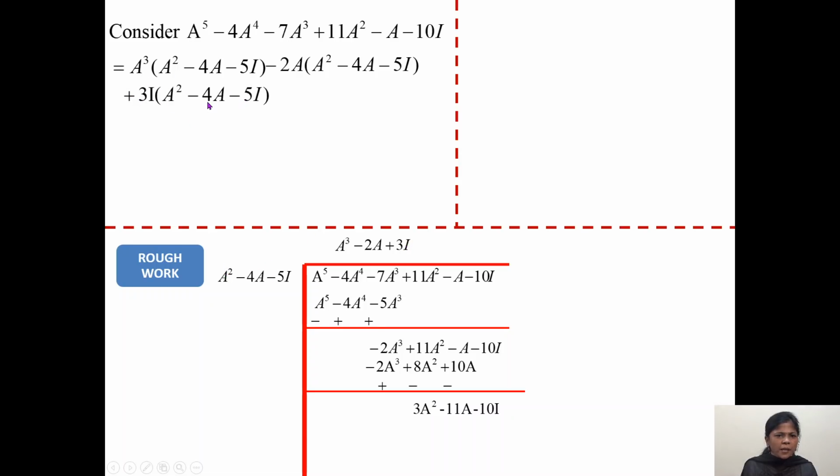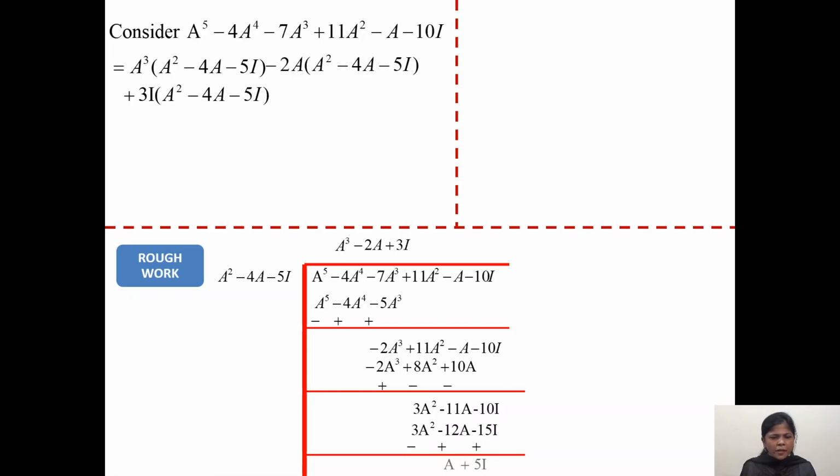Okay, expand this. So what I am getting? 3I into A square is 3A square. Then minus 4 into 3 is minus 12 into A. So minus 12A. Then minus 5 into 3, minus 15 into I into I is I.